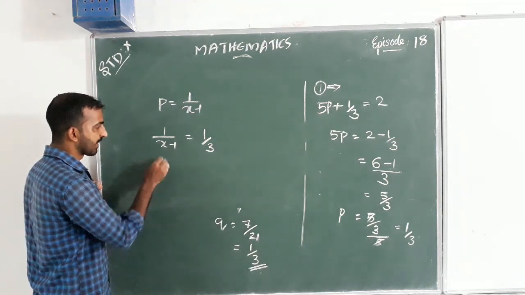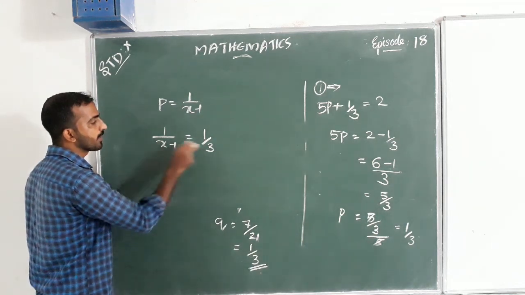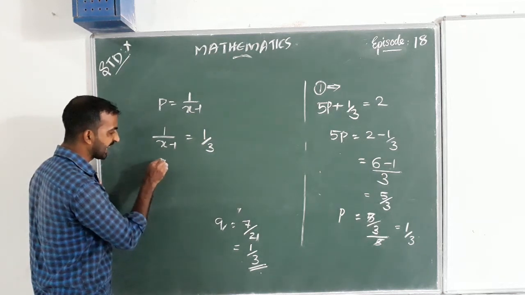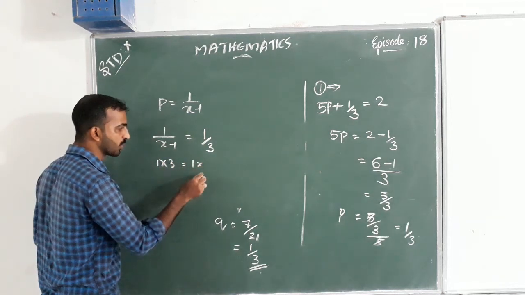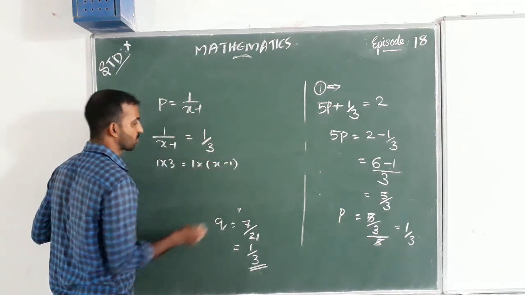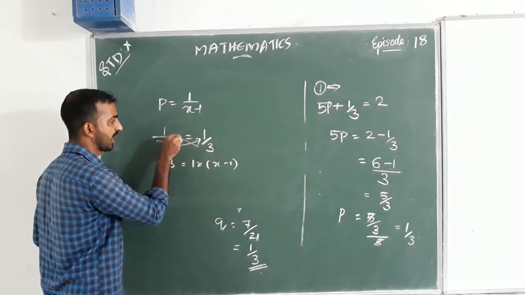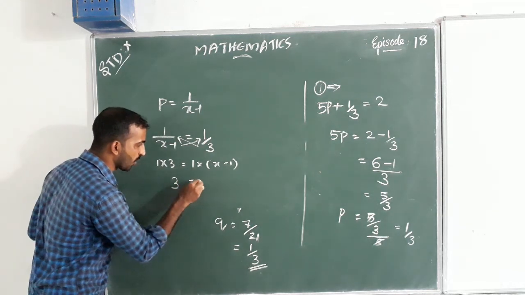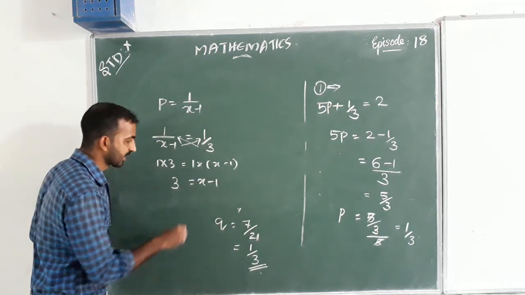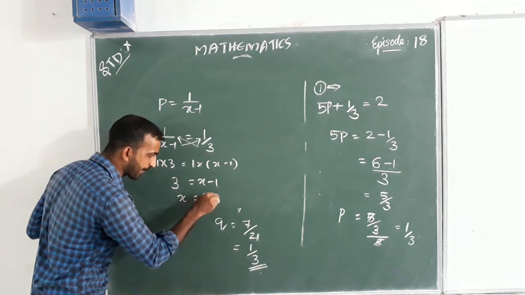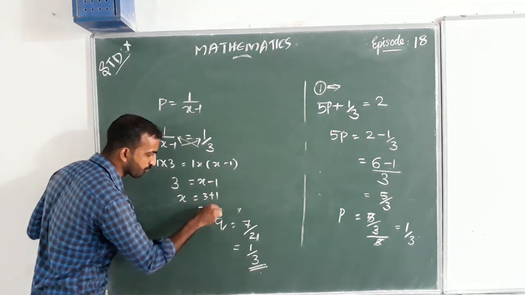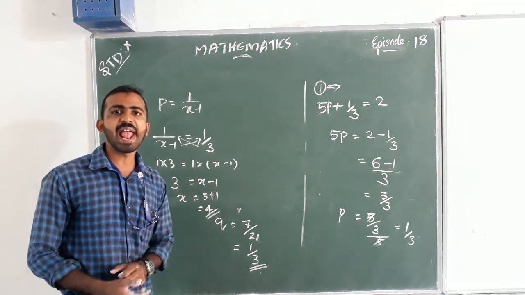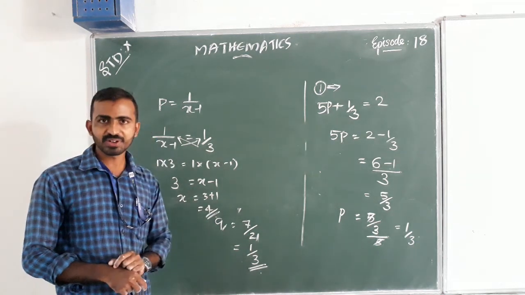That means we move the denominators to the other side. Here we get 1 into 3 equal to 1 into x minus 1. That is 3 equal to x minus 1. That is x equal to 3 plus 1, that is equal to 4. That is, the value of x is 4.